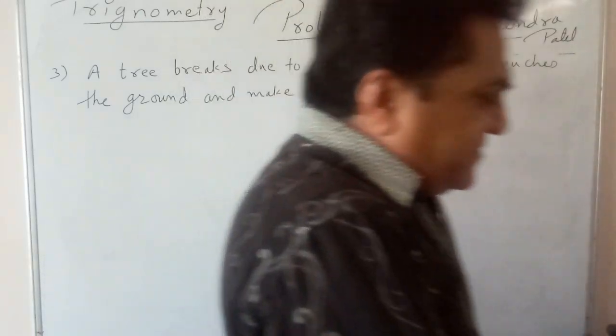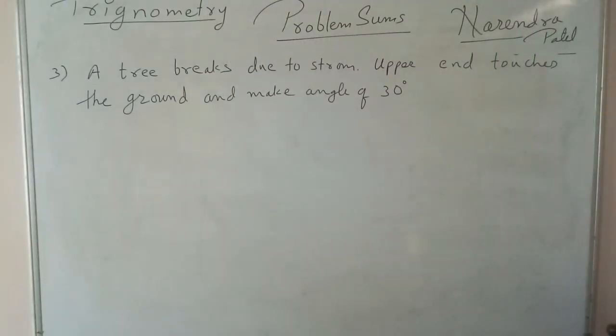What happens? The tree is broken due to the storm, and the upper end touches the ground and makes the angle of 30 degrees.